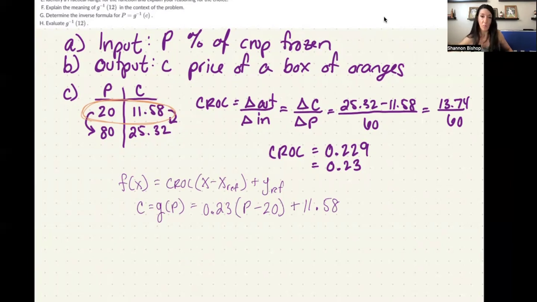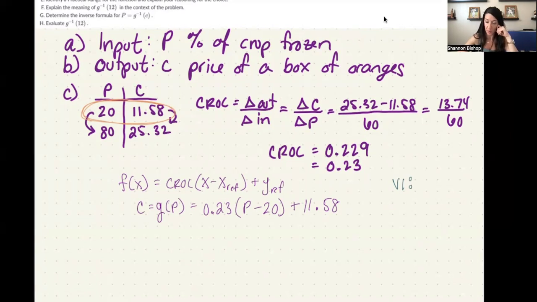Now, anybody who wanted to find the vertical intercept for this situation absolutely could. There would be 2 major ways of doing it. Option 1, just for the sake of highlighting your options, if you really wanted to get the vertical intercept, is you could say to yourself, okay, building from that 20%, I wonder what the cost was if nothing was frozen, 0% frozen.